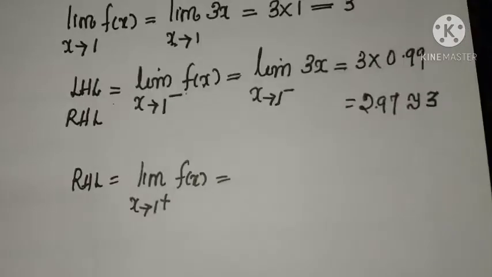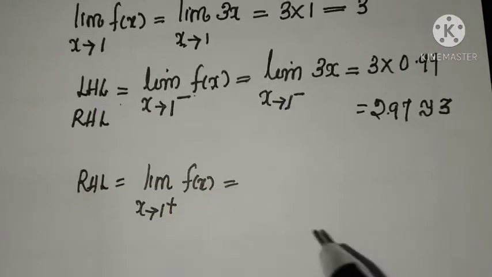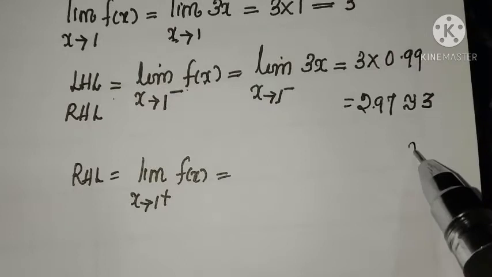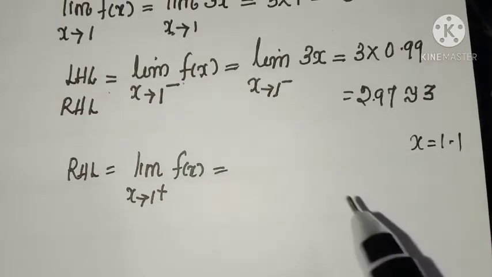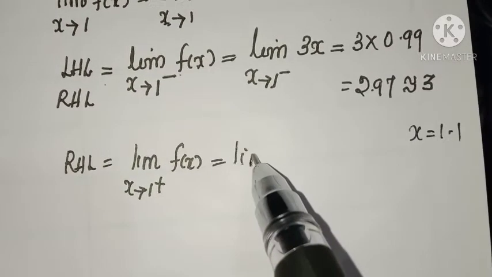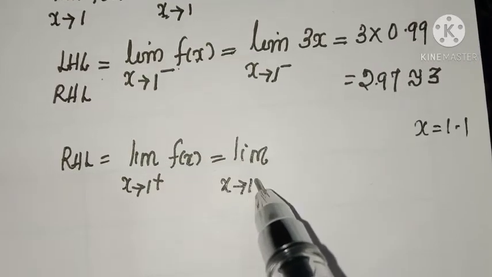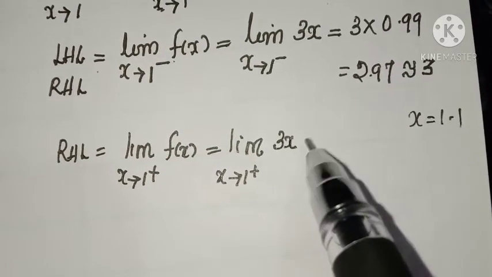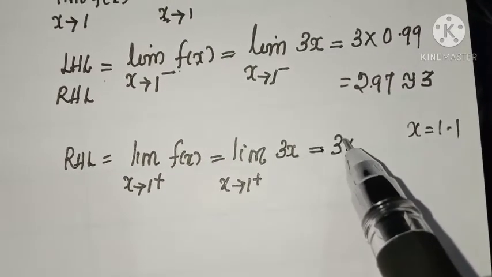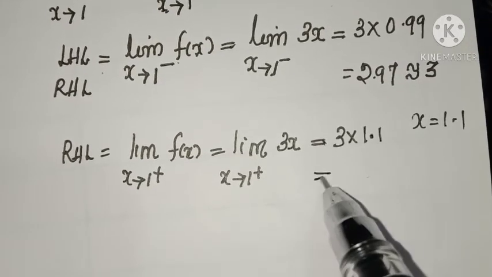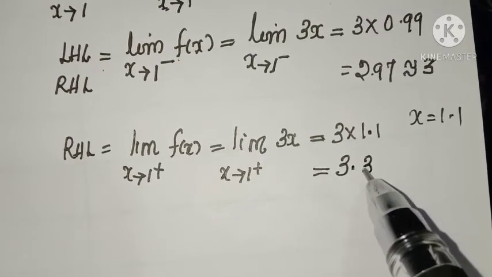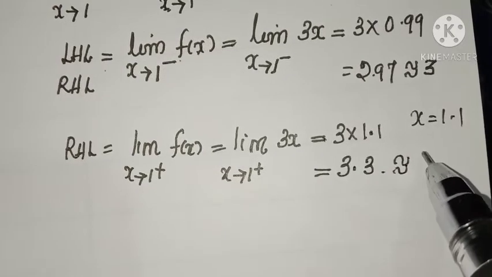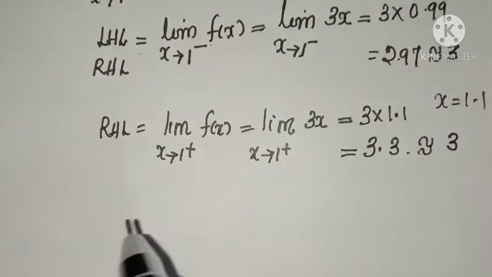So, let us consider a number very near to 1 and at the same time to the right of 1, for example x equal to 1.1. So, put x equal to 1.1 in the function 3x. This is equal to 3 into 1.1, which is 3.3. This is approximately equal to 3.